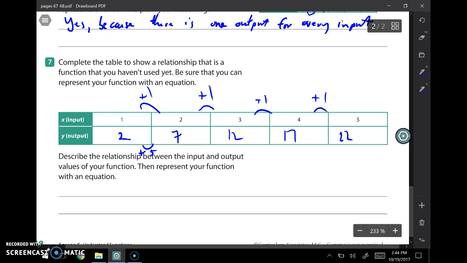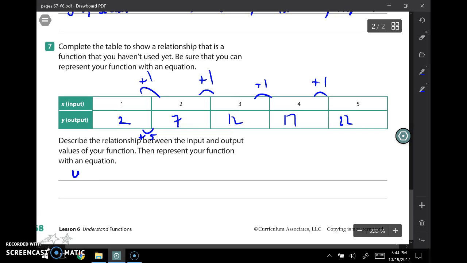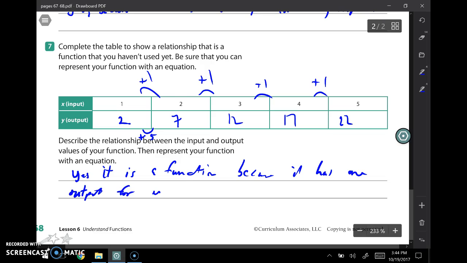Describe the relationship between the input and the output values of your function. In this case, yes, it is a function because it has one output for every input. And if you want, you can write an equation for this.